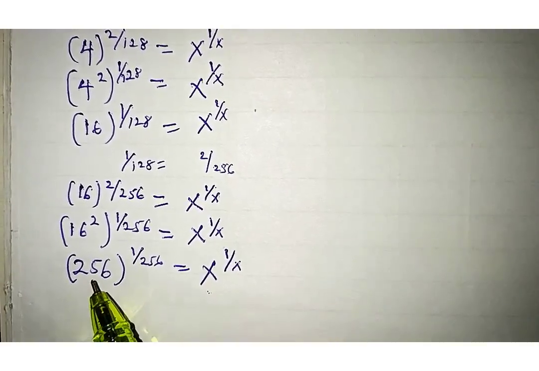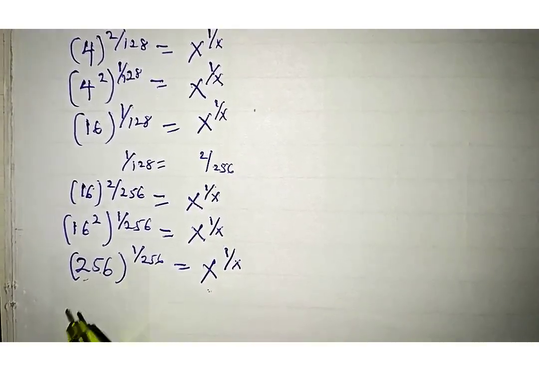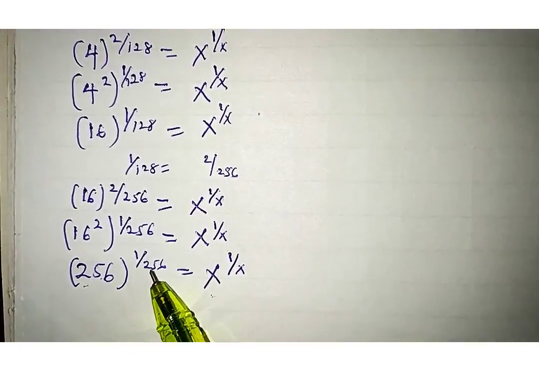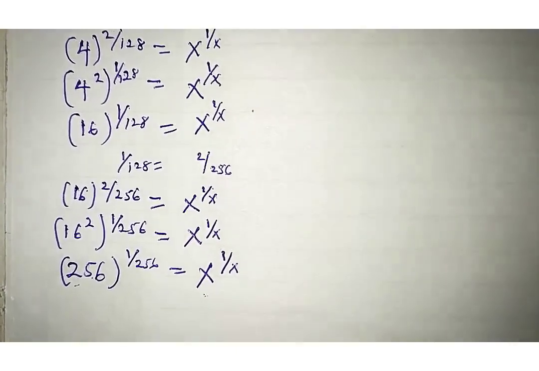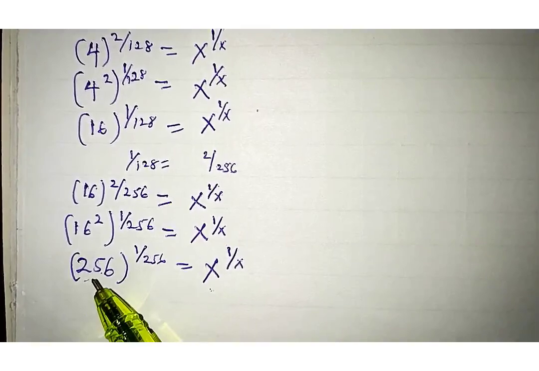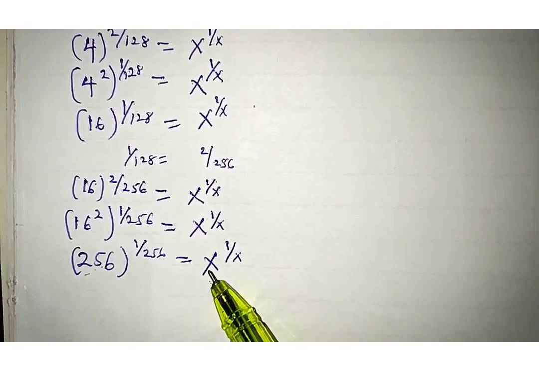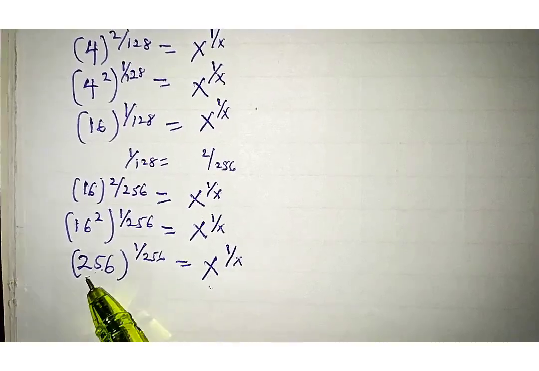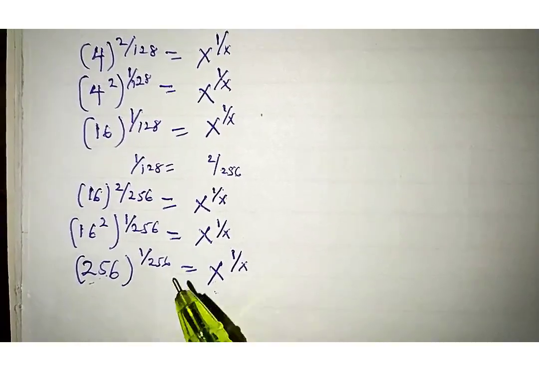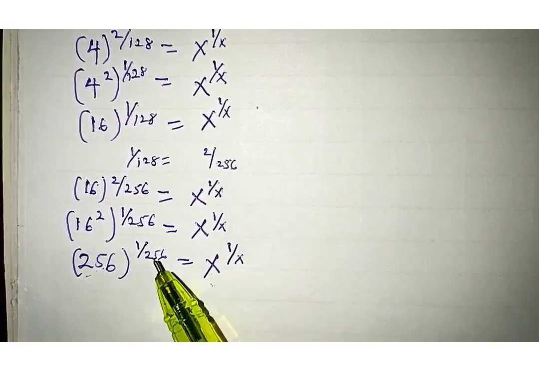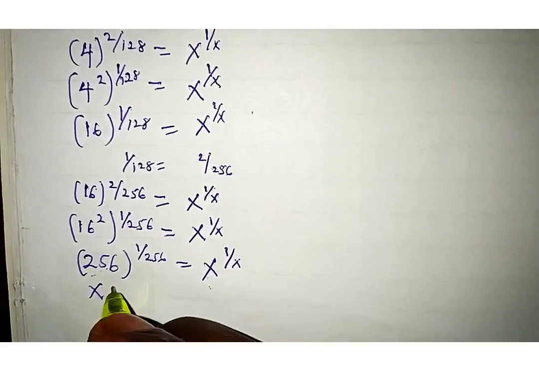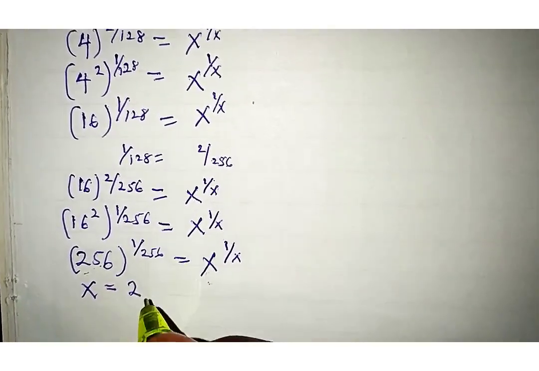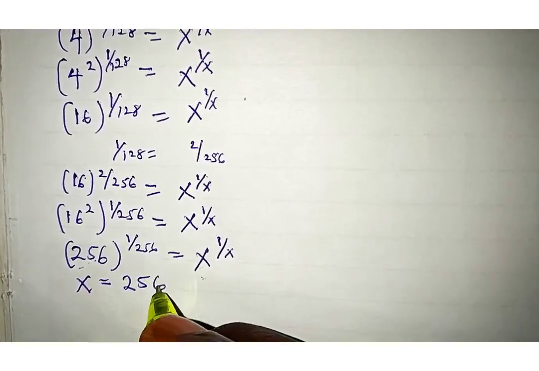Same thing we have on our left hand side. We have 256 here as the base, and we have 256 as the denominator of the fractional power. So basically, if this 256 is equal to this x, that means x is equal to 256. All right, and this x is the same thing as 256. 1 is 1. So we have arrived at x is equal to 256.